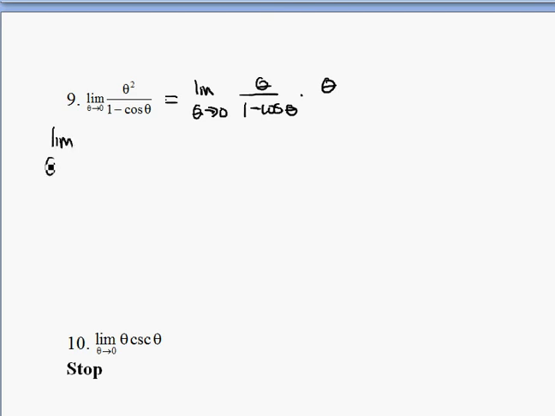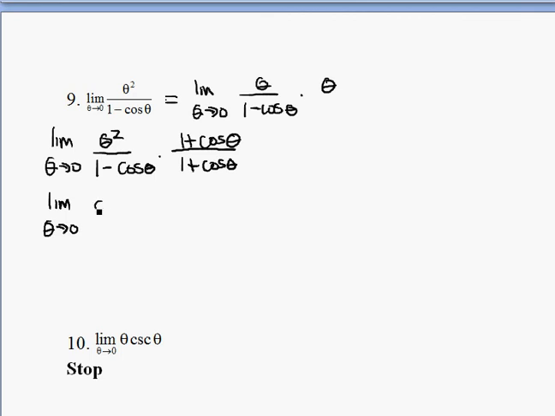And here's a classic problem. This is magically going to turn back into sine theta over theta. I'm going to multiply this by the conjugate, which is 1 plus cosine theta over 1 plus cosine theta. So this is theta squared, 1 plus cosine theta, all over, I'm going to multiply these two.